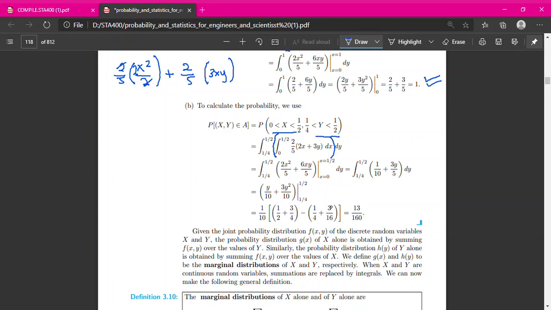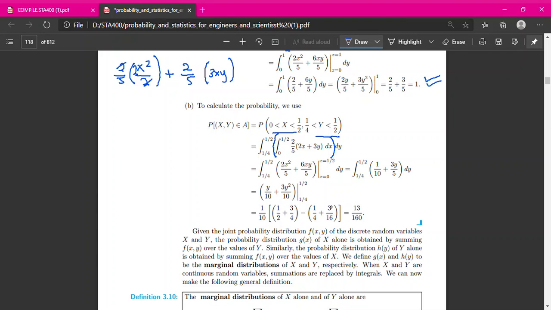So bila dah solve tu, you akan dapat this part. Then solve pula untuk y. Then replace 1 over 2 dengan 1 over 4. Then you will get this value. The probability here should be positive value, cannot be negative, and cannot be more than 1 because this is the value of probability.